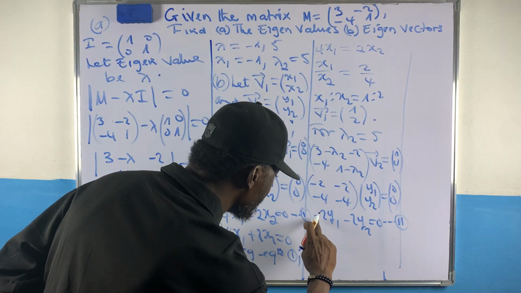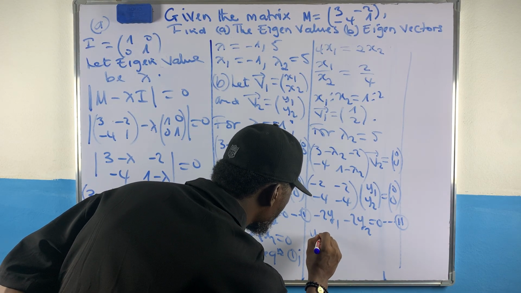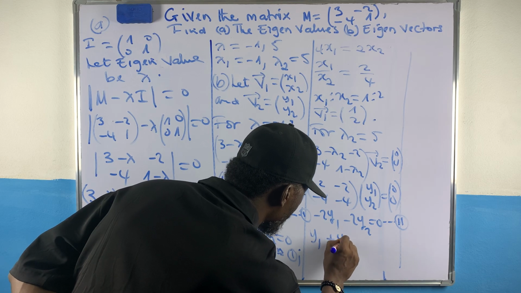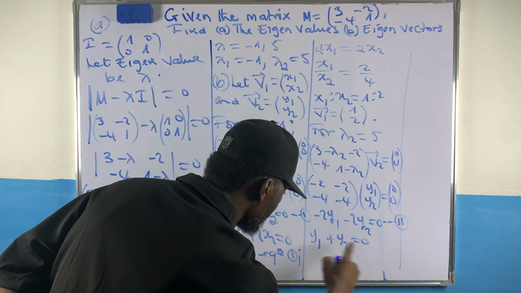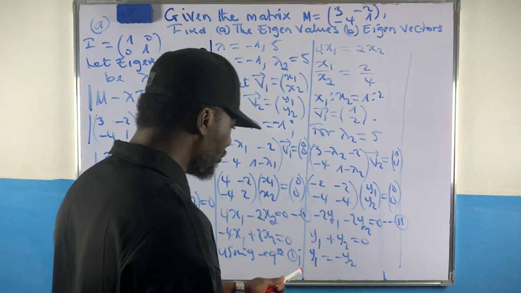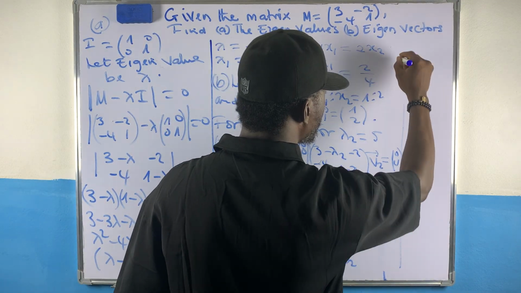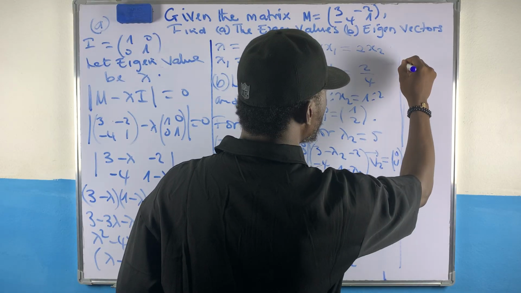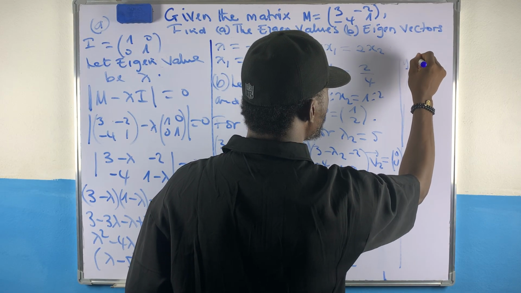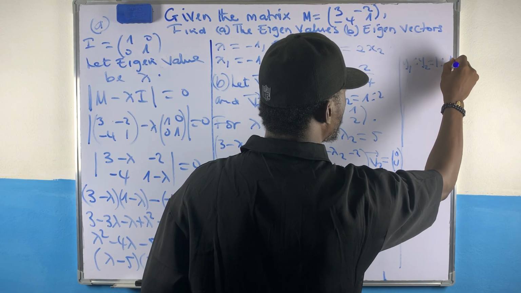So from here, I see that negative 2 is a common factor. Dividing all through, I'll have y1 plus y2 should be equal to 0. From there, y1 should be equal to negative y2. So you see that the coefficient here is 1, the coefficient here is negative 1. It implies that y1 is to y2 will just be 1 is to negative 1.